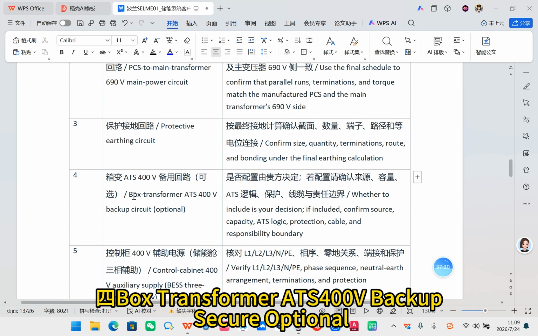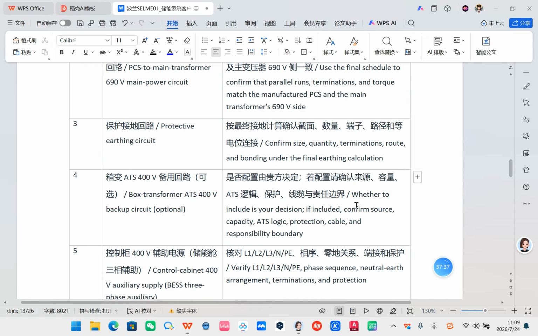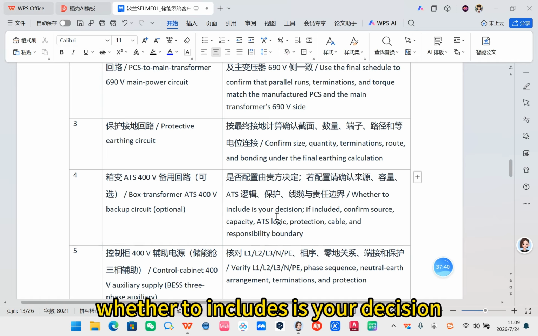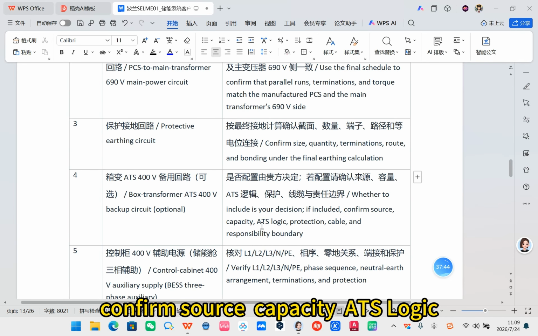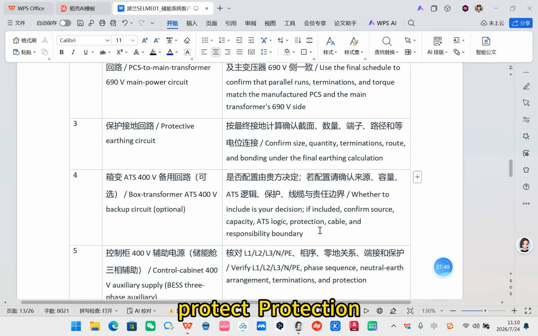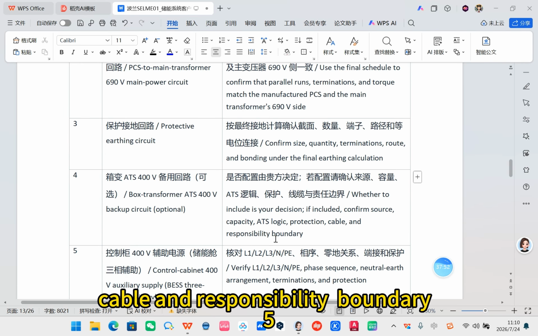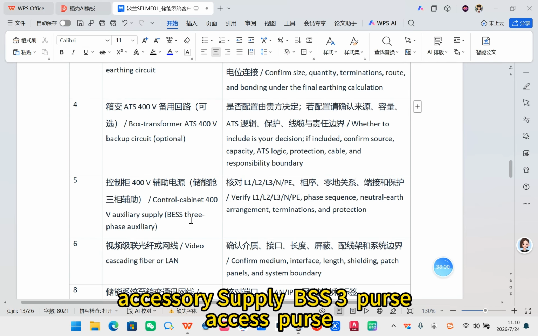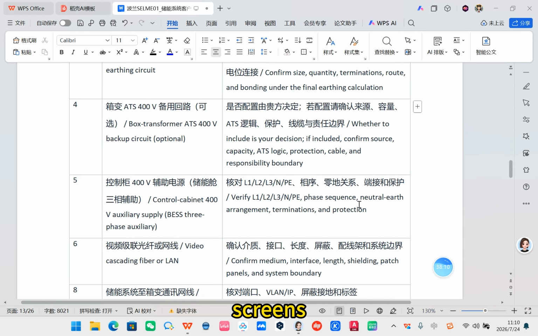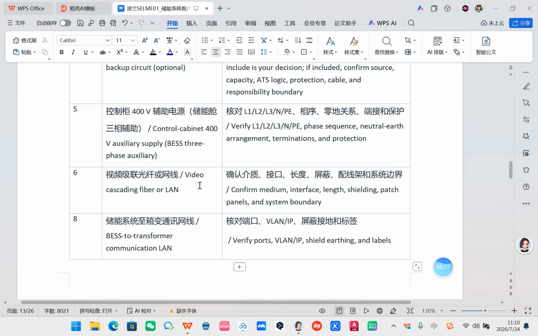4. Box transformer ATS 400V backup circuit, optional. Whether to include it is your decision. If included, confirm source, capacity, ATS logic, protection, cable, and responsibility boundary. 5. For control cabinet 400V auxiliary supply, BSS3 phase screens, neutral earth arrangement, terminations, and protection. 6.